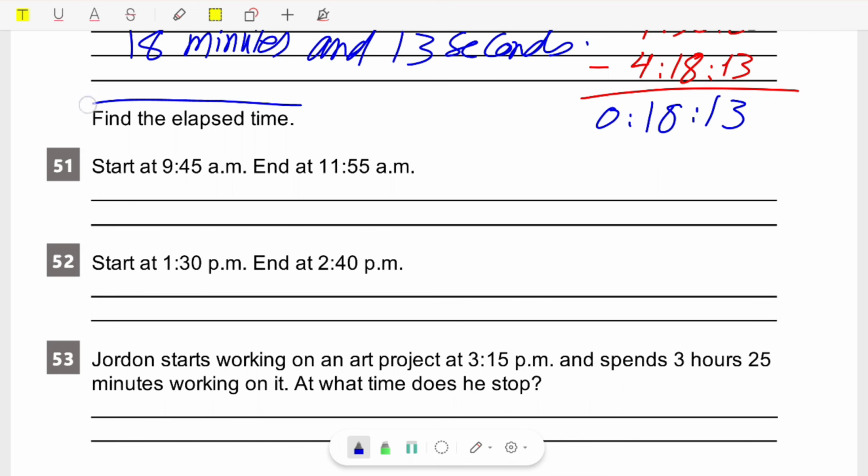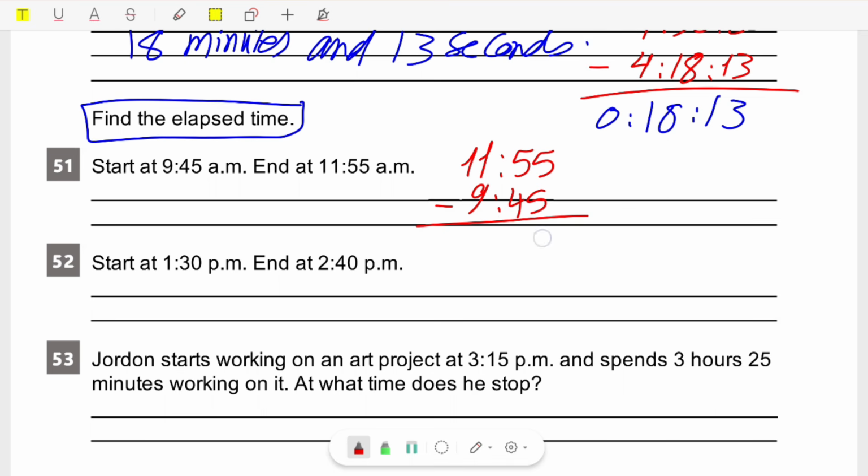So find the elapsed time. So start 9:45 and end 11:55. So we're going to subtract again. So 11:55 and 9:45 minus.